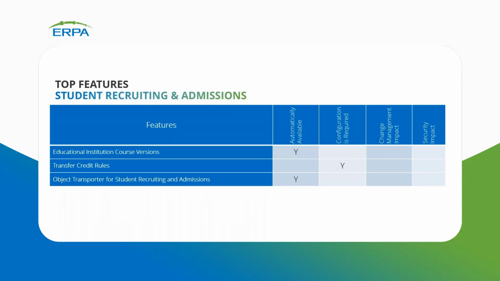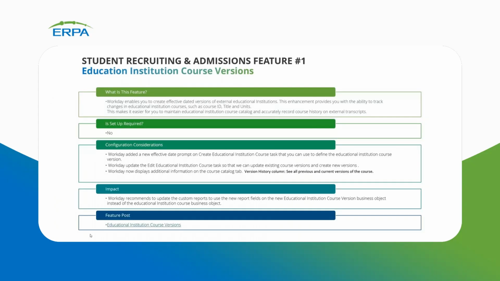We will go into detail with the Educational Institution Course Version. So Workday provides a feature with the ability to track changes in educational institution courses. Now it's easy to maintain a historical record for the education institution course catalog. Workday added a new effective date prompt on the Create Educational Institution Course task, as well as the Edit Educational Institution Course task, so that course versioning can be defined.